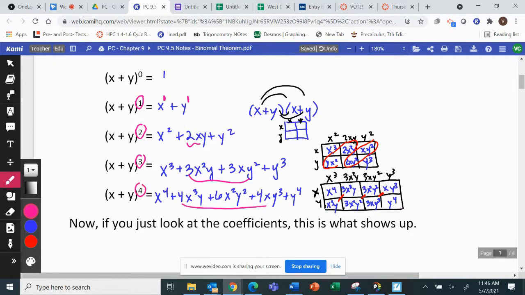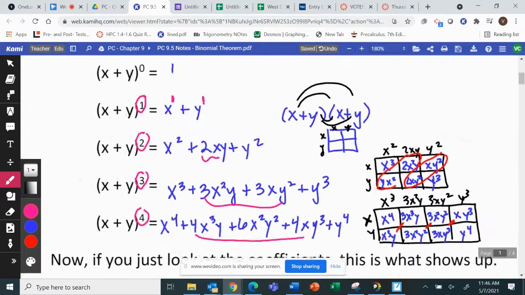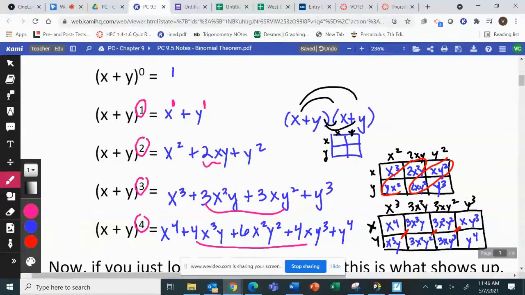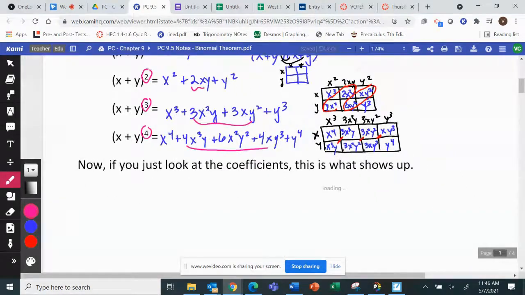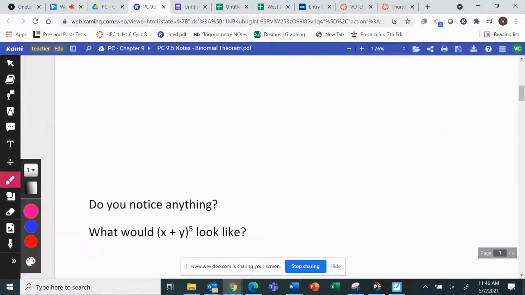So that's a pattern that John noticed. Chris, do you see any patterns? We've already listed the ones on the end. They both look the same.